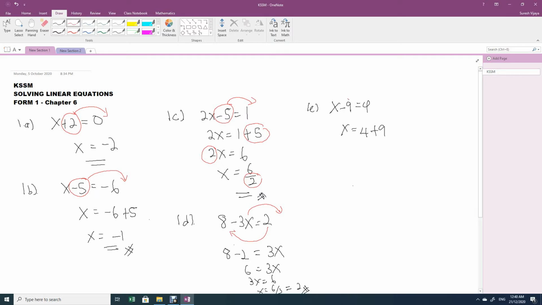Because we have minus 9. When you bring it over to the right hand side, crossing over the equal sign, you have to change the sign of the number. So from minus 9 it becomes plus 9. So you will have x equals to 13.